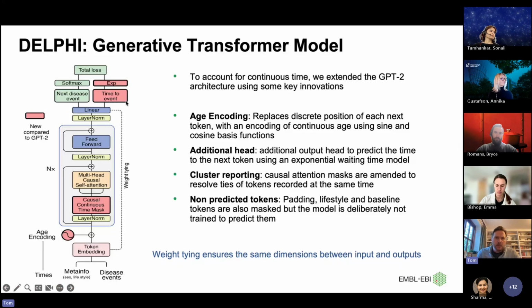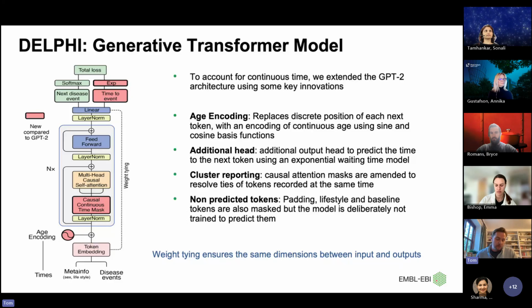In particular, this time to event head and this age encoding. What this allows you to do is represent information on a continuous time axis within these models. And for health modeling, that's really important.